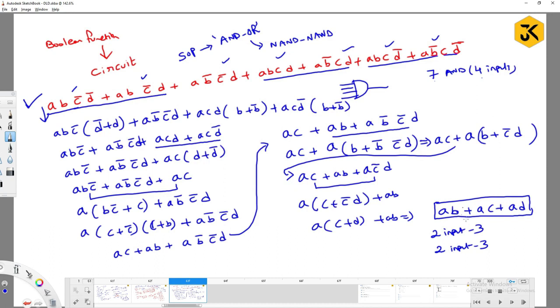So why are you getting 3? A, B, C, D, you are going to get one result. For this, one OR gate is required, and AD you are going to get. For this, you need one more OR gate, and finally you are going to get the result. Okay. So 2-input OR gates are required also. 2. Right?